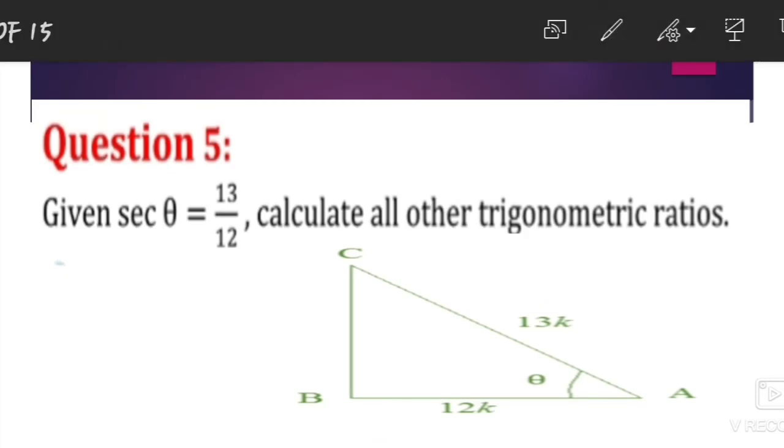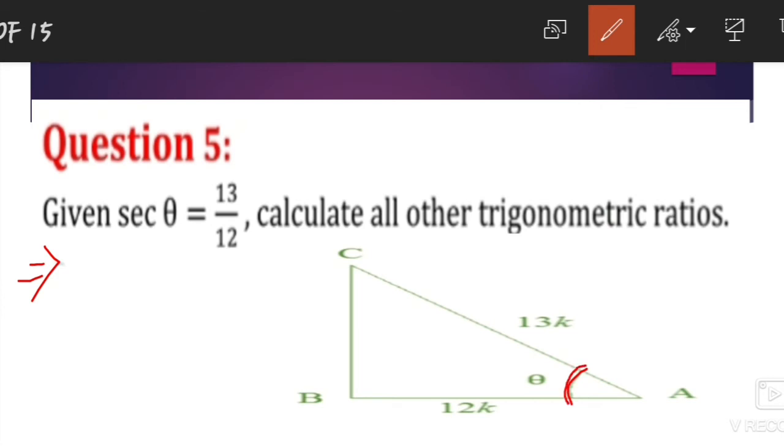Now question number 5. Given that sec theta is equal to 13 by 12, calculate all other trigonometric ratios. That means you have to find sin theta, cos theta, tan theta, cosec theta and cot theta. You know the formula that sec theta is equal to hypotenuse by adjacent side.